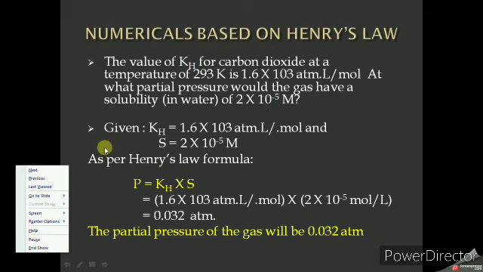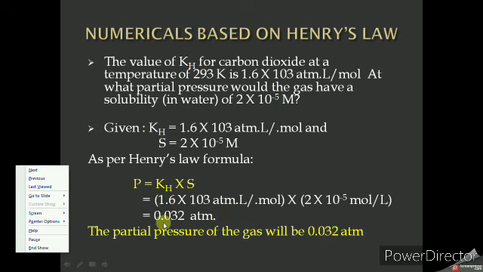So what is the partial pressure? You have to write according to Henry's law formula. Write down the formula with respect to pressure. P is equal to KH into S. So KH is 1.6 into 10 raised to 3 and S is 2 into 10 raised to minus 5.